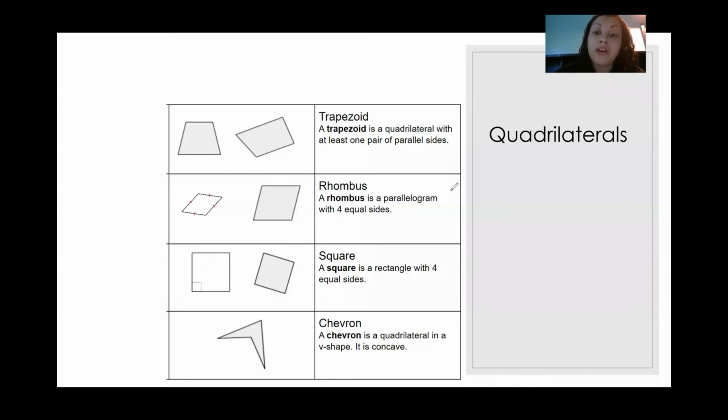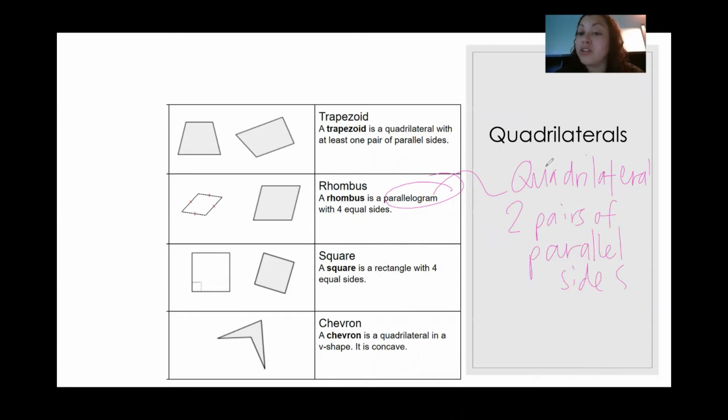If we remember what a parallelogram means, this is really a quadrilateral that has two pairs of parallel sides. Again, quadrilateral meaning it has four angles and four sides. So a rhombus has four angles, four sides, two pairs of parallel sides, but also four equal sides. So not only does it have four sides, but the four sides have to be equal.